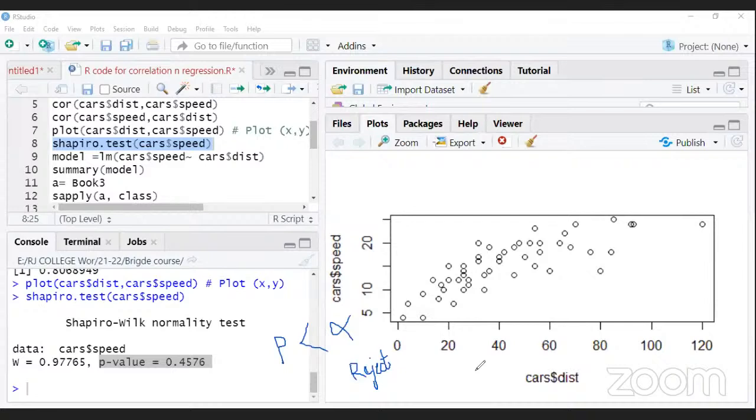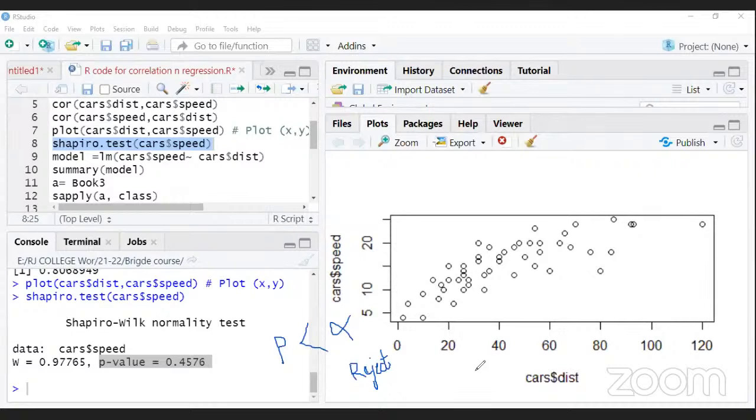And this alpha, by default, I'm considering 5%, assuming there is a 95% confidence interval, and only 5% error exists in my data. So obviously, if you look at this, it is 0.45, around 45%, which is always more than alpha. That means I'm not going to reject the null hypothesis. That means I found that my data is normally distributed.